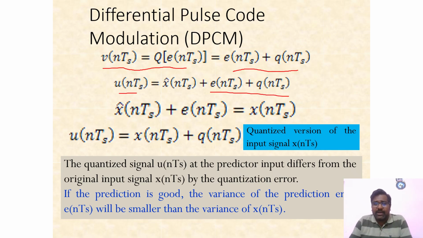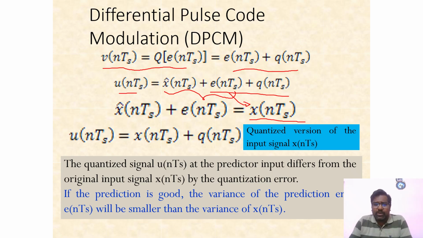As per this block diagram, which we already discussed, x cap(nTs) plus e(nTs) is nothing but x(nTs). So u(nTs) equals x(nTs) plus q(nTs), that is, the quantized version of the input signal x(nTs) equals x cap(nTs) plus e(nTs), where q(nTs) is the quantization error.